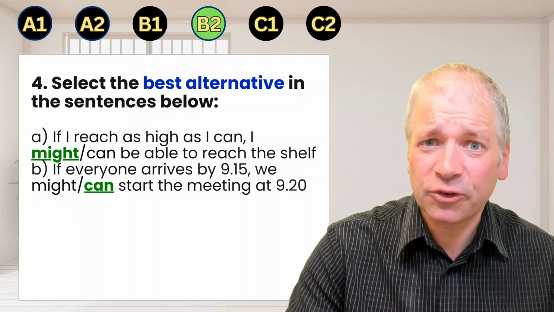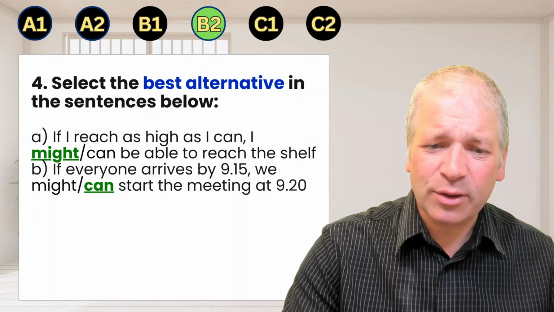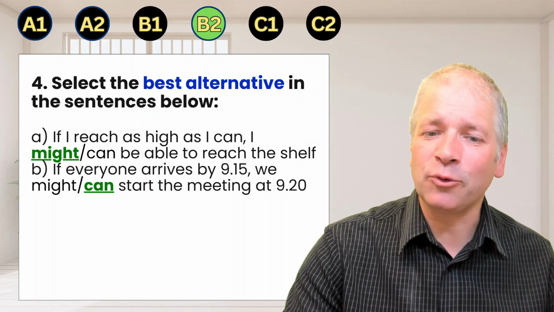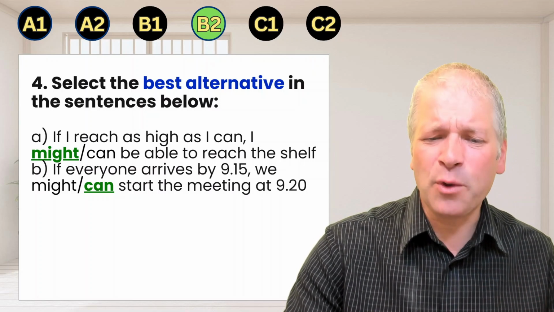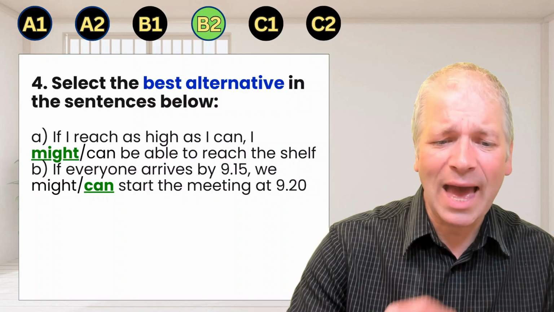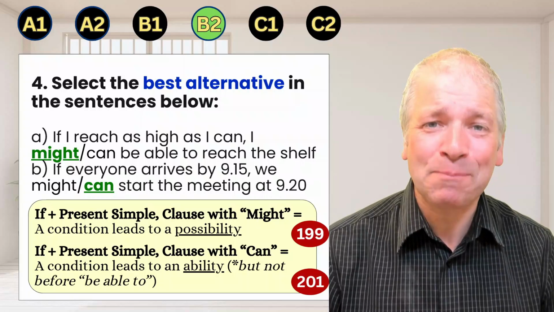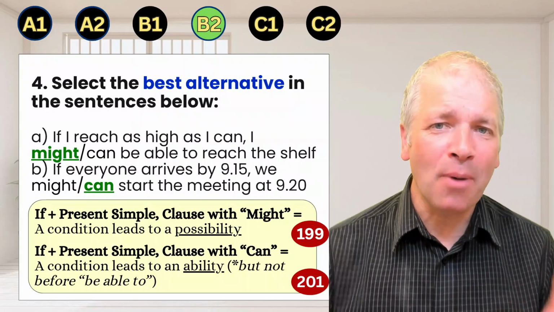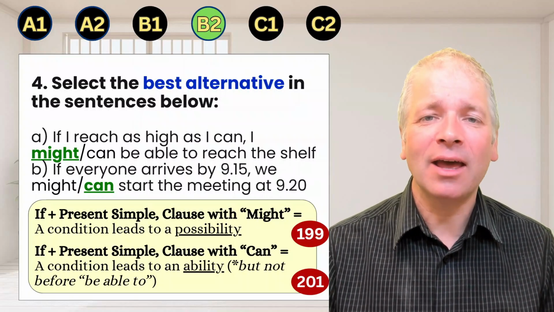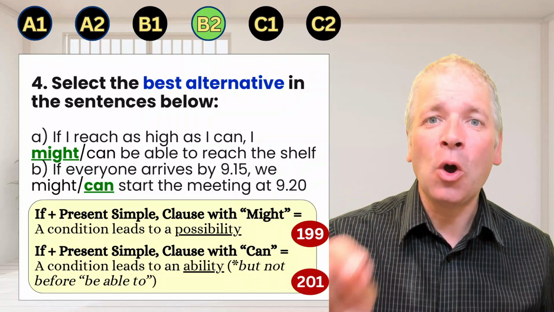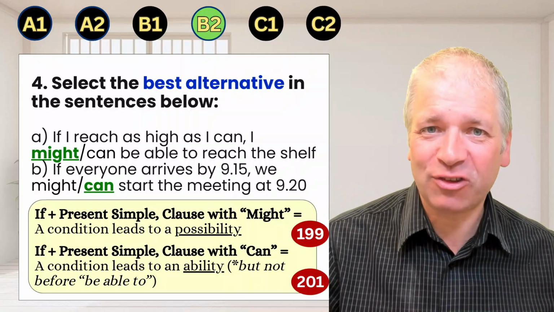And these are the best alternatives. If I reach as high as I can, I might be able to reach the shelf. If everyone arrives by 9:15, we can start the meeting at 9:20. Let me first of all explain why we would use might and why we would use can, and then use that to show why these are the best answers for each sentence.